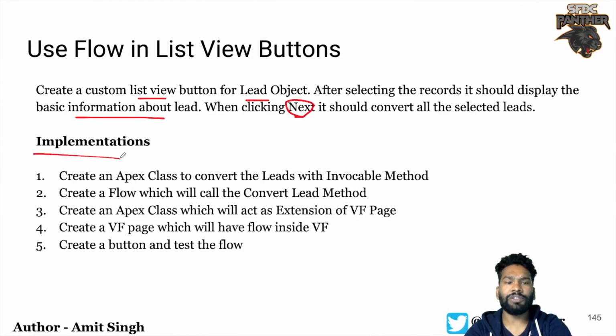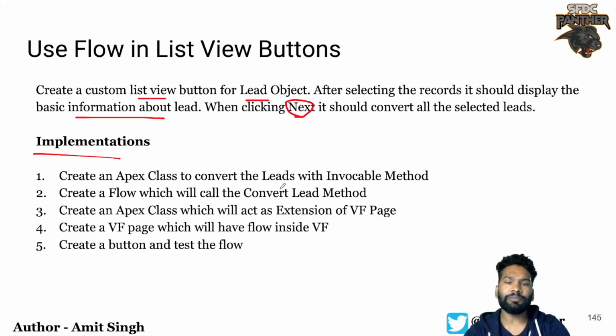Now how are we going to implement this? Whenever we have to develop custom logic to convert the lead, what we usually do is create an Apex class, and that class will have the method to convert the lead.